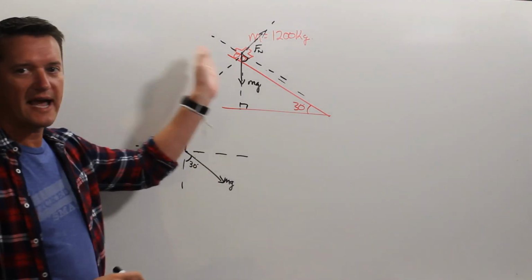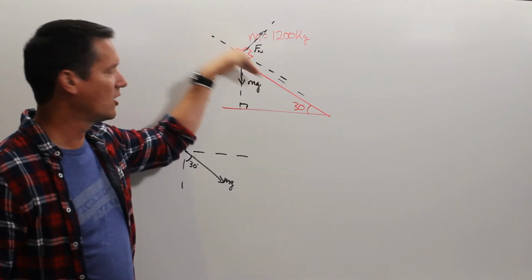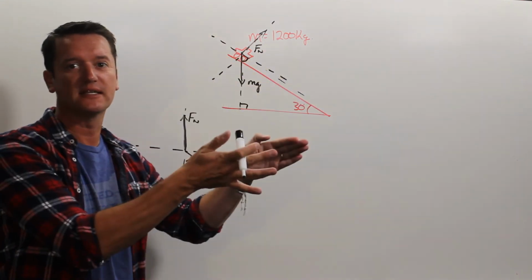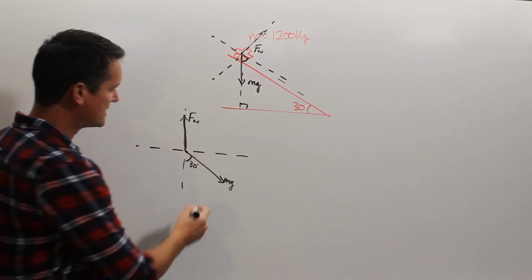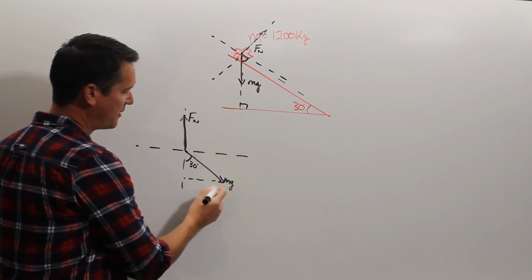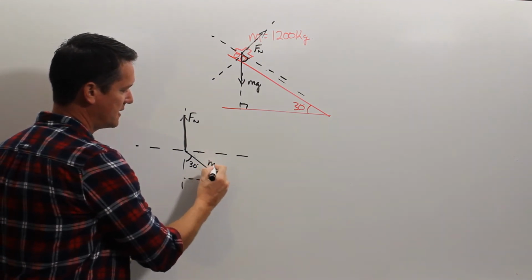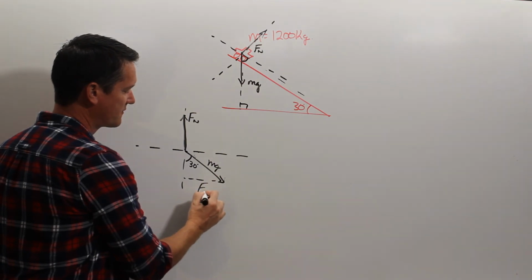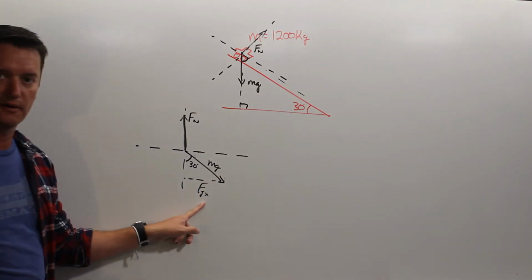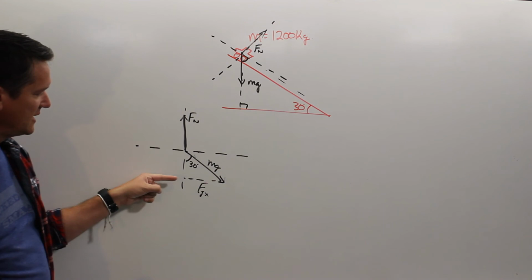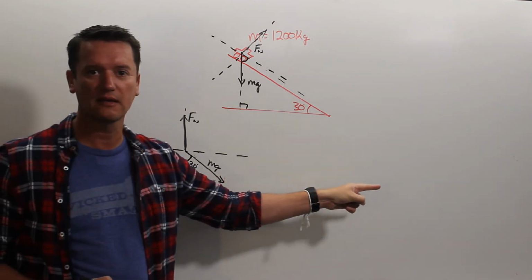So this is a great way to do these problems. You draw your axes to go along the inclined plane, and then you tilt it so that it looks good. So you can see now that this component, here's mg, the force of gravity in the x direction, is what's pulling this thing down the inclined plane.